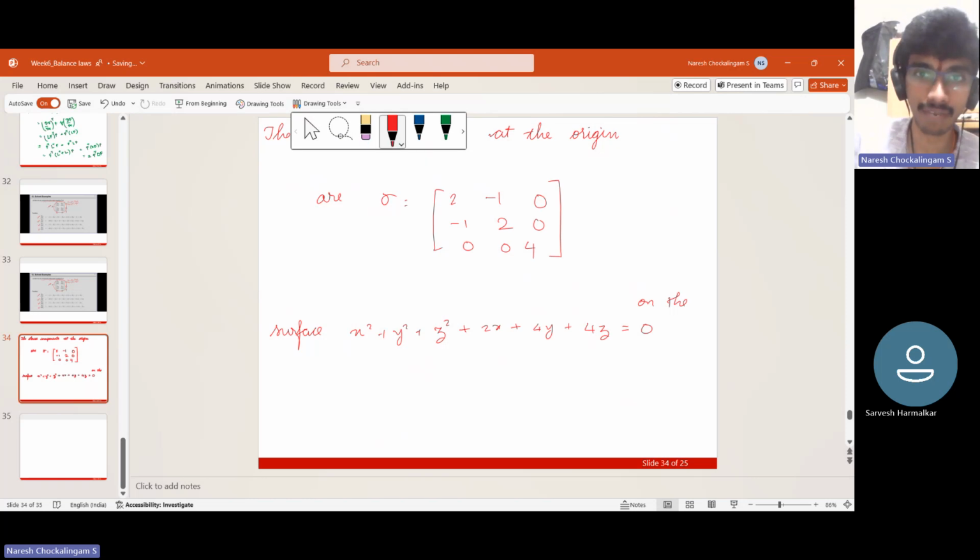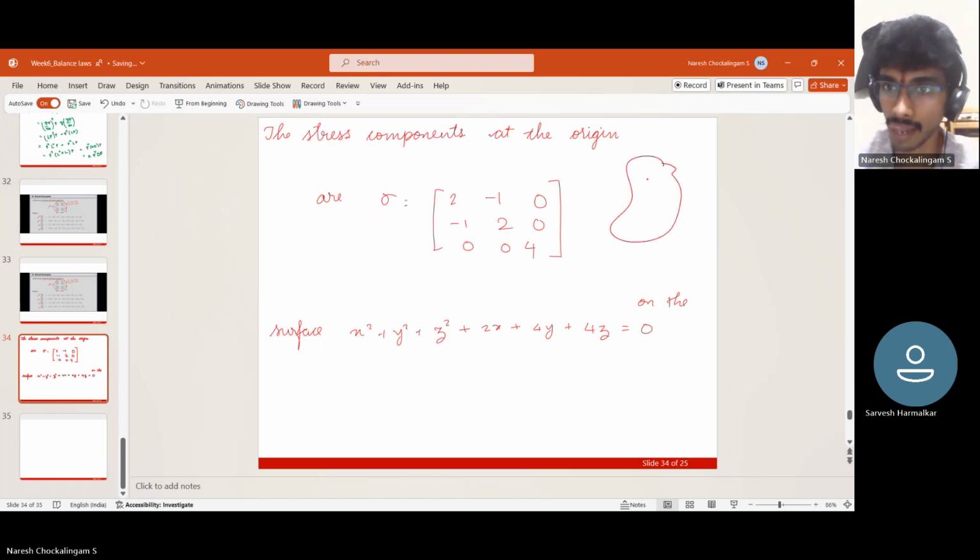Okay, this is just something. There is some body, and there is an origin inside that body. And at the origin, the stress component is given by this.